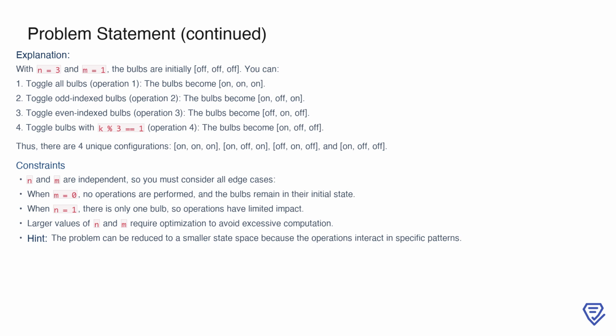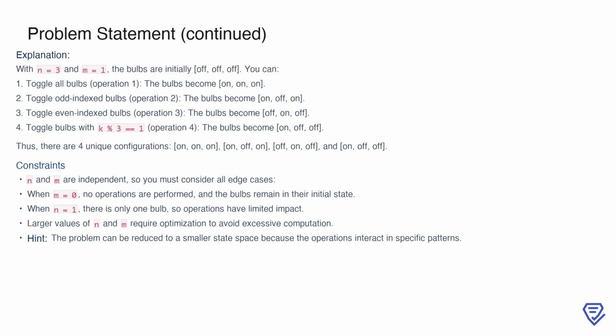Finally, the fourth operation toggles bulbs whose indices satisfy k%3 = 1, resulting in on, off, off. This gives us 4 unique configurations: on, on, on, on, off, on, off, on, off, and on, off, off.